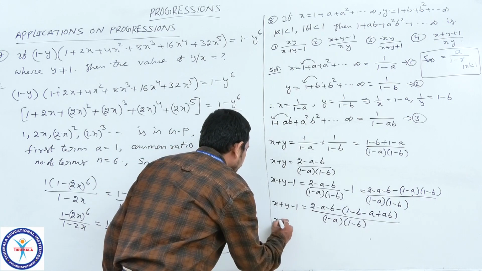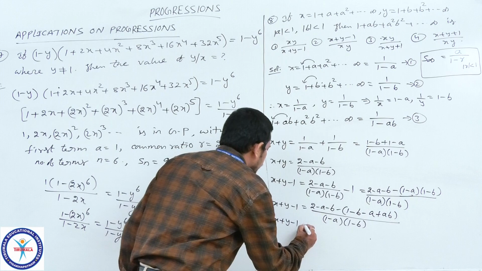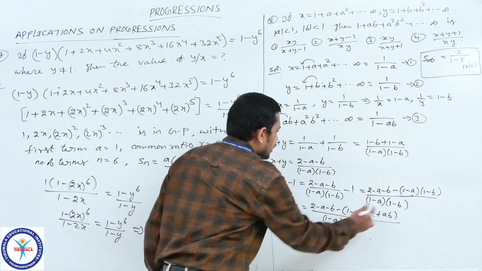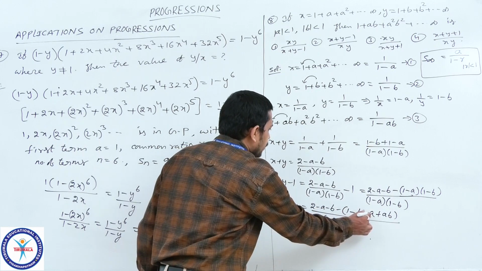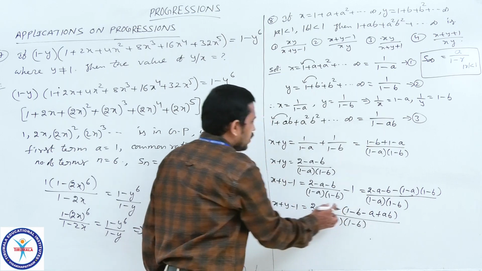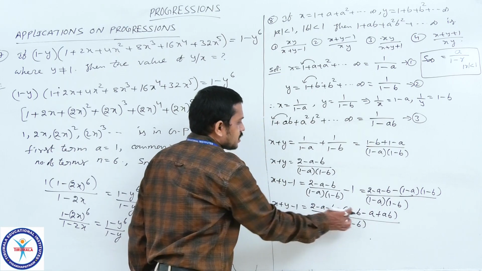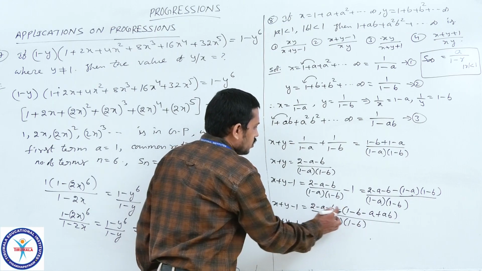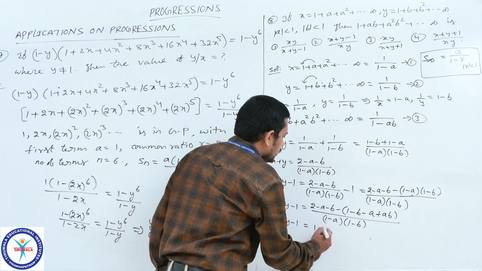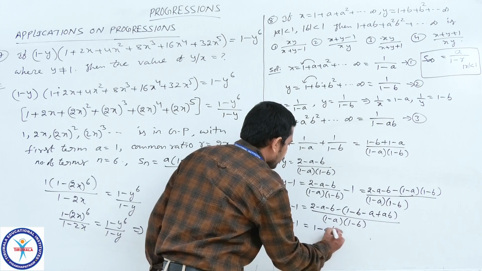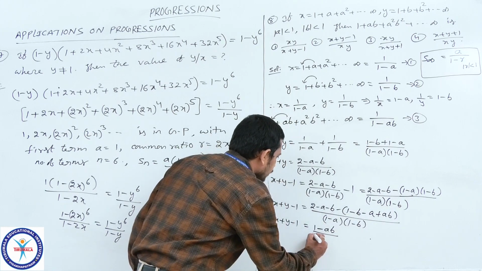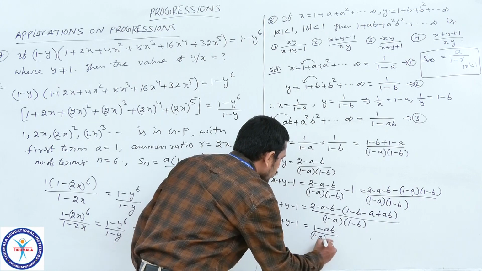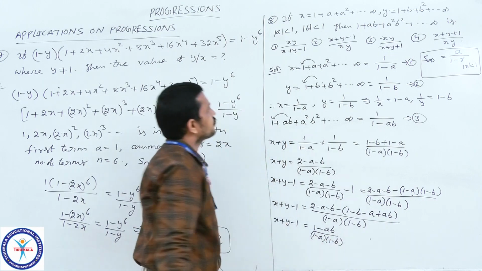By simplifying, 2 minus 1 is 1, minus a plus a cancel, minus b plus b cancel. So, we have x plus y minus 1 equal to ab by 1 minus a into 1 minus b.